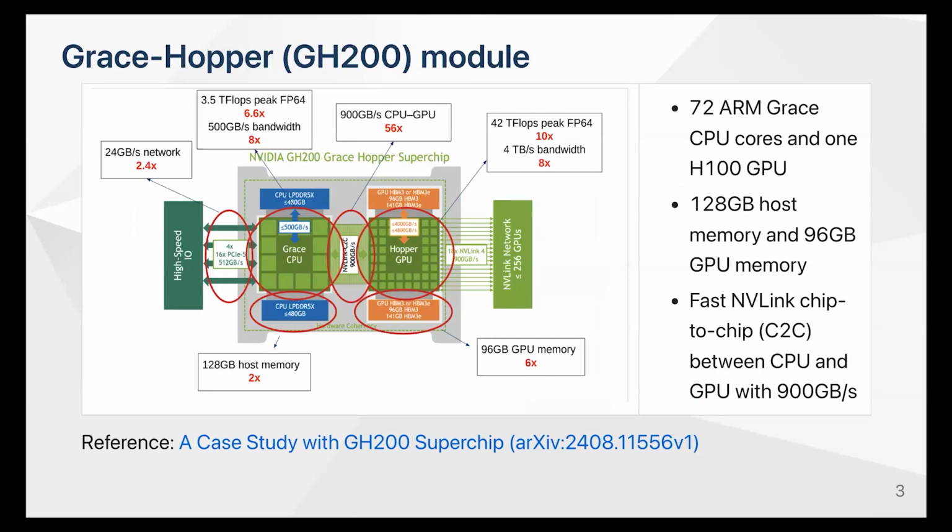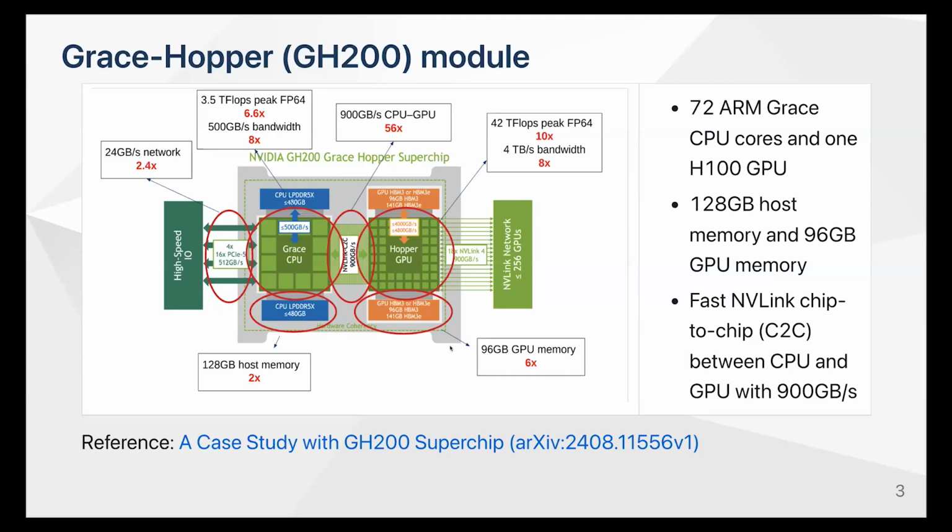What makes this architecture new, or revolutionary if I may say so, is the 900 gigabytes per second chip-to-chip connection between the CPU and the GPU, which is approximately 56 times faster than on old Daint.